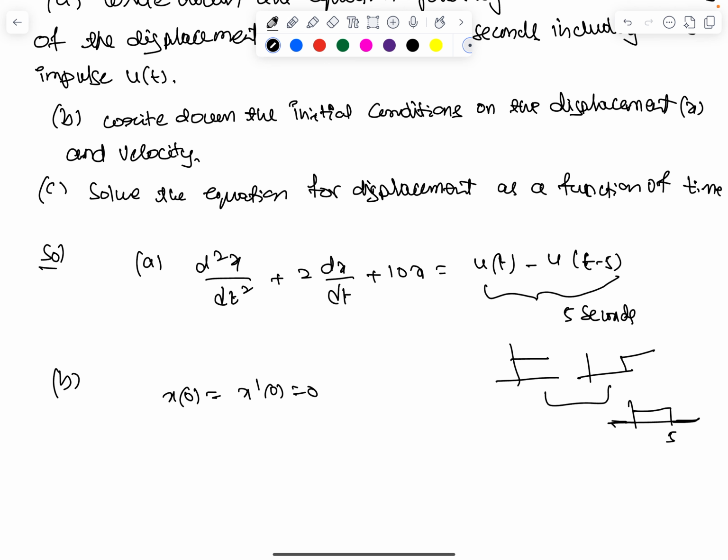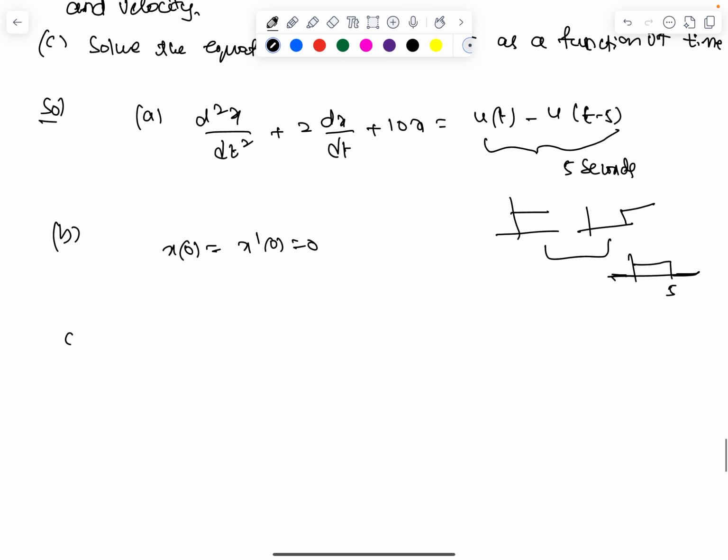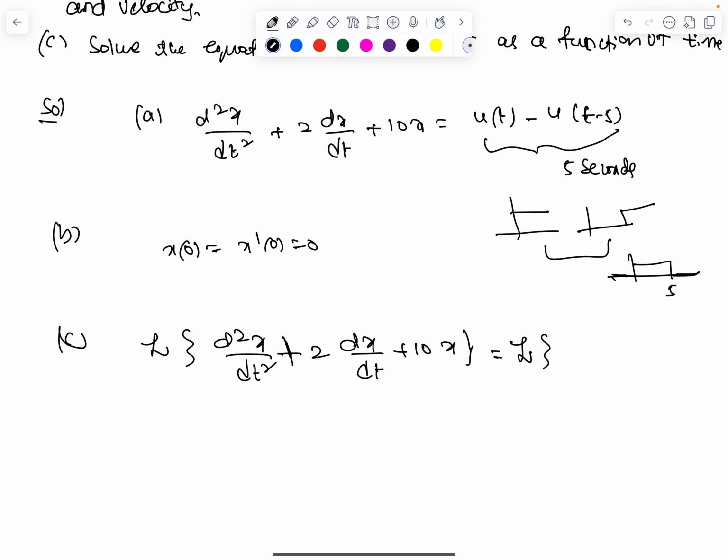Those are 0. So, now if you are applying Laplace transform over there, Laplace transform of d square x by dt square plus 2 into dx by dt plus 10x is equal to Laplace transform of u of t minus u of t minus 5.